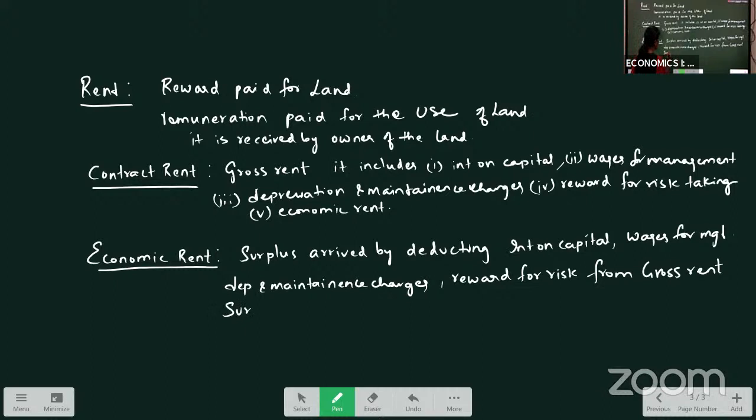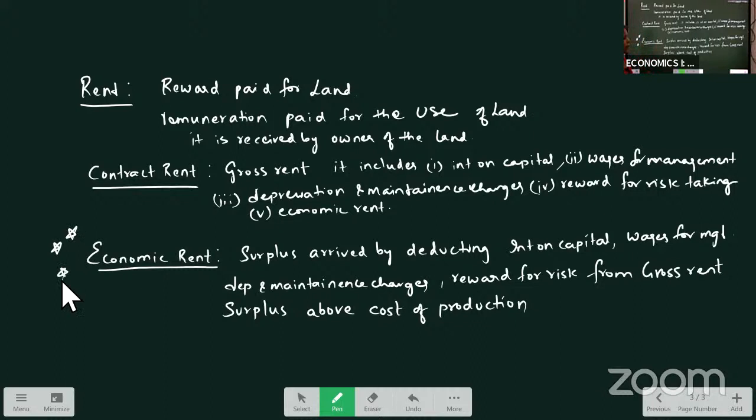Or we can say it is the surplus above cost of production. So what is economic rent? Economic rent is the surplus above cost of production. Okay, so this is your economic rent. Very, very, very important, this one.